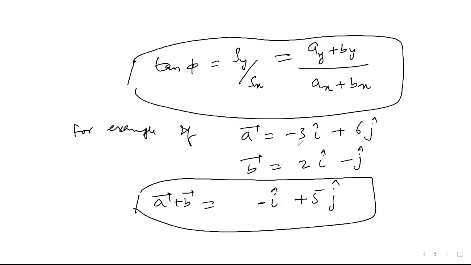Simple. You added minus 3 with 2, you got minus 1, so it's minus i cap. You added 6 with minus 1, 6 minus 1 is 5, so you got plus 5 as the y component of A plus B. So it's easy.